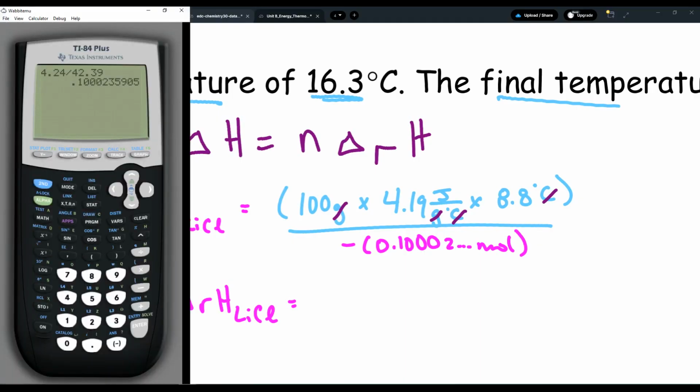Putting this into my calculator, I'm going to go 100 times 4.19 times 8.8 divided by negative, and then our answer for the moles, so that I get that entire number that I just calculated above. So then our answer is going to be negative 36,863.30377.